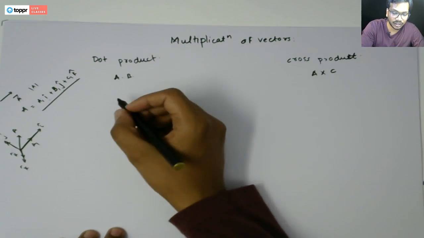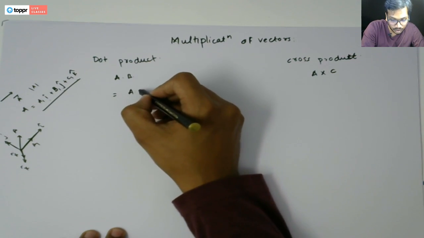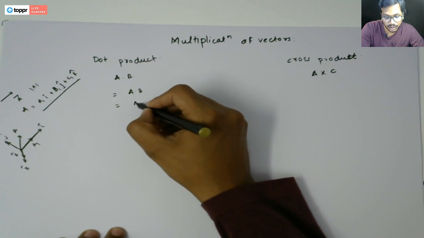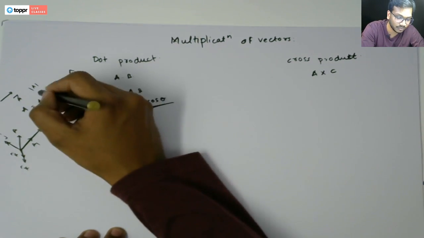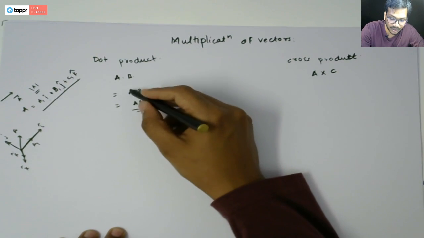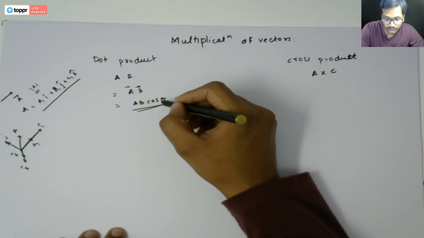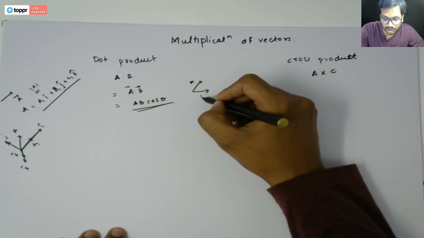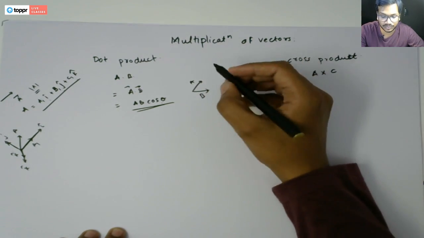So in the case of dot product, a dot b can be given by a b cos theta. This is the representation which we did here. So a is the magnitude of a vector, b is the magnitude of b vector, and theta is the angle between them. Let's say a and b are two vectors and you have to find the scalar product of these vectors.